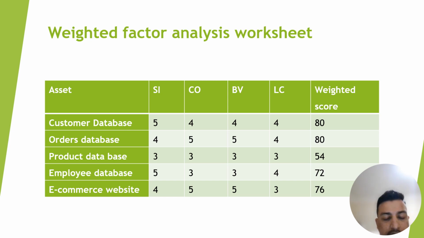Here you can see on the customer database, SI is 5 and CO is 4, whereas BV is 4 as well, and LC is 4, and the total weighted score is 80. On the order database, same, we have got a weighted score of 80, and on the product database we got 54, on the employee database we have got 72, and the e-commerce website we have got 76.